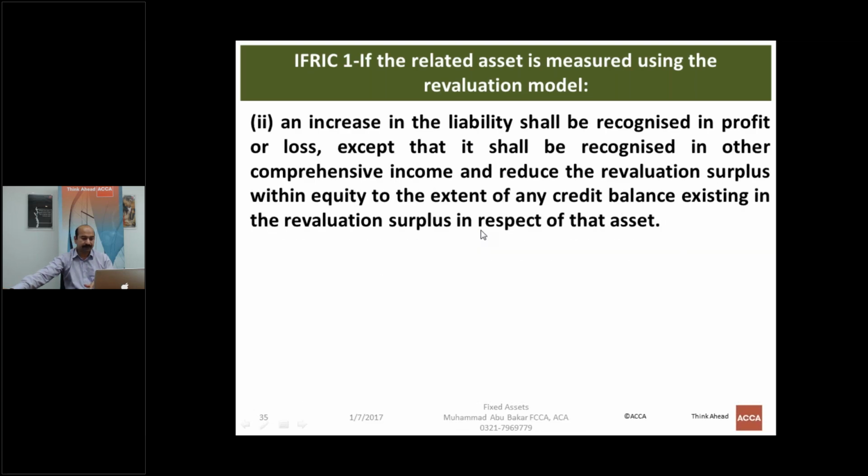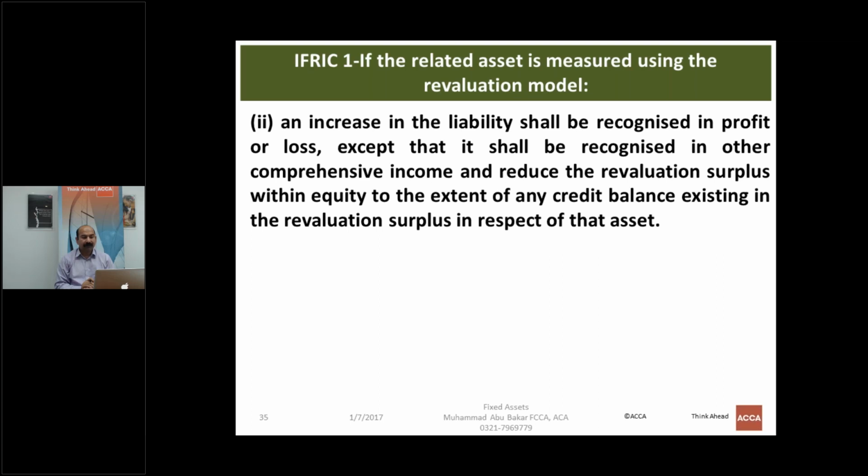Second is, an increase in liability shall be recognized in profit or loss, except that it shall be recognized in other comprehensive income and reduce the revaluation surplus within equity to the extent of any credit balance existing in the revaluation surplus in respect of that asset.